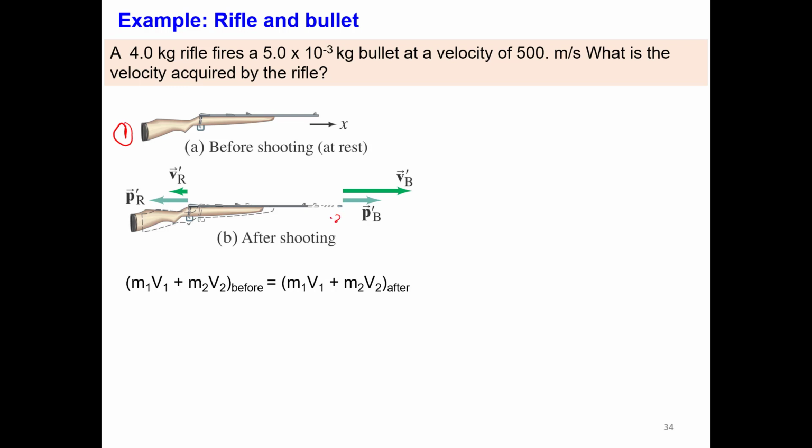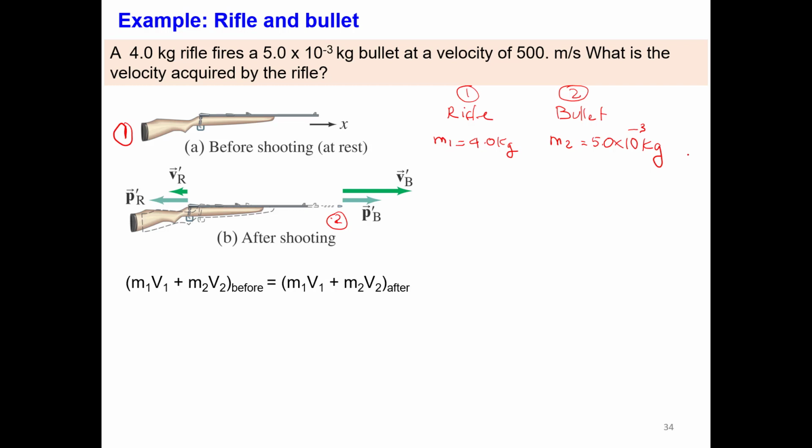Here is the bullet, 2. Maybe we can write here: this is the rifle, and we have the bullet here. This is 1. This is 2. Then we know the mass for the rifle is 4.0 kilograms, and the mass for the bullet is 5.0 times 10 to the power minus 3 kilograms.